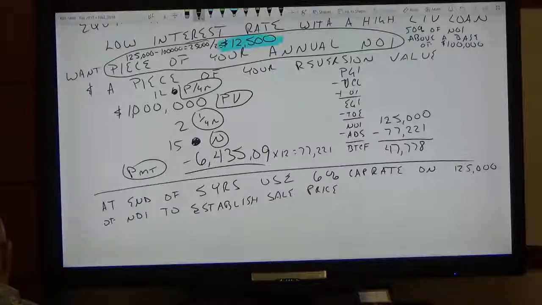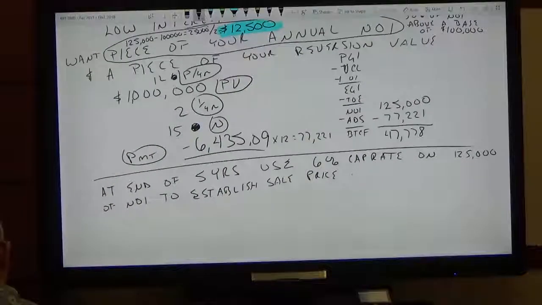So all we're going to be doing is taking 125,000 divided by 0.06.